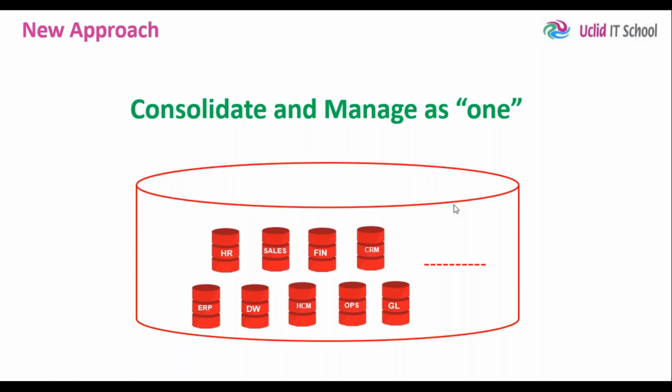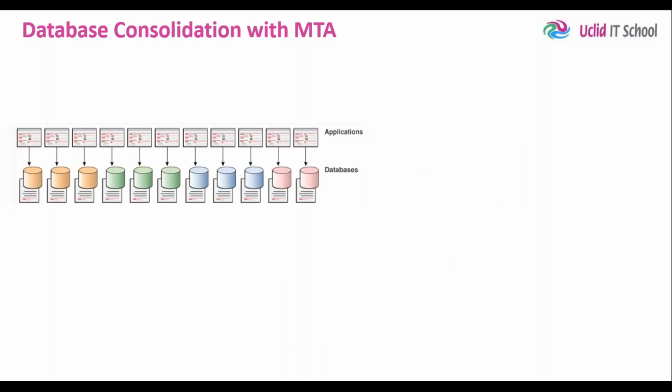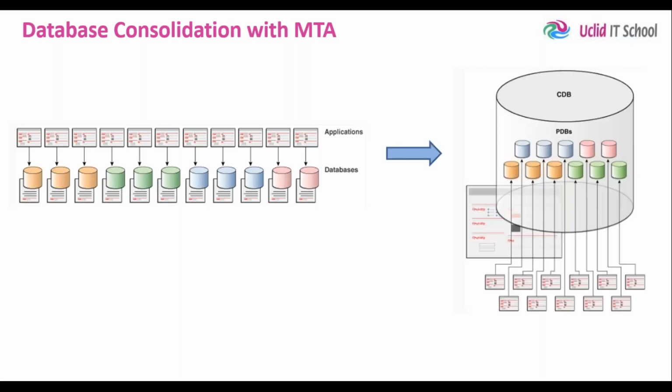But how is this possible? This is possible with the multi-tenant architecture. With multi-tenant architecture, this traditional approach where you have a separate database for each application can be represented like this. You will have one database which contains other databases.